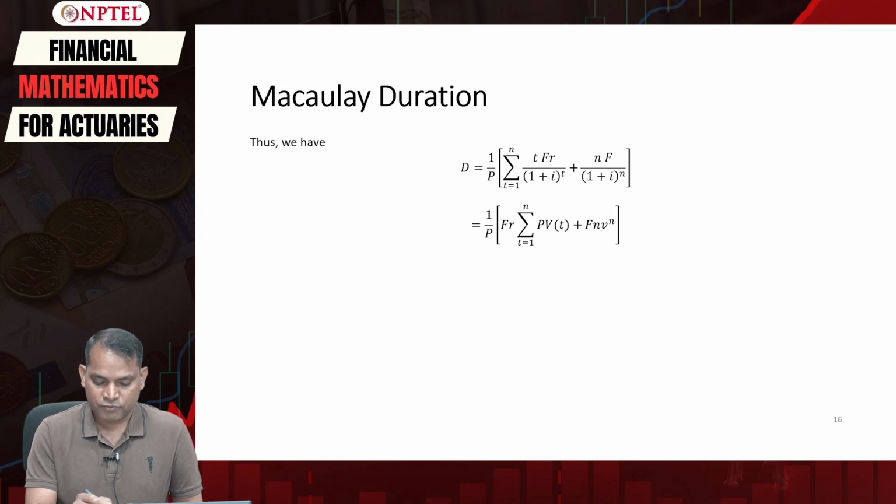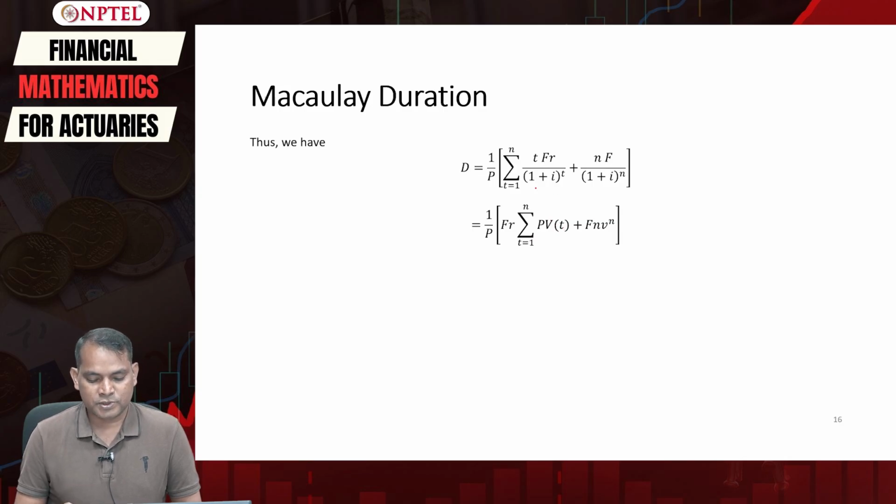Which is equal to 1 upon P. Take this Fr out here and we will rewrite that as Fr times the sum of the present value of t, the way we have computed the present value for Ct is now computed for t. So simply we will write PVt for t upon 1 plus I to the power t.